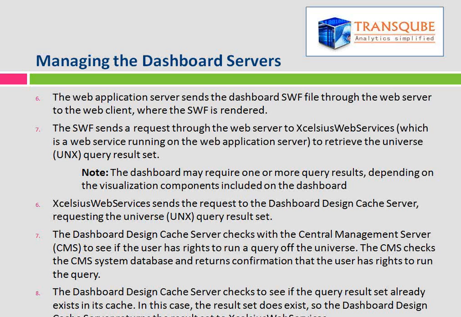The SWF sends a request through the web server to Xcelsius Web Services. There is a location called, I will show that to you later on, a file location called DSWJ.